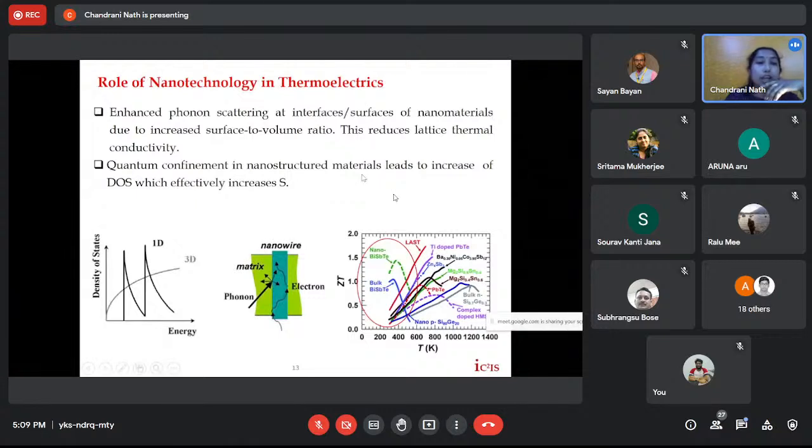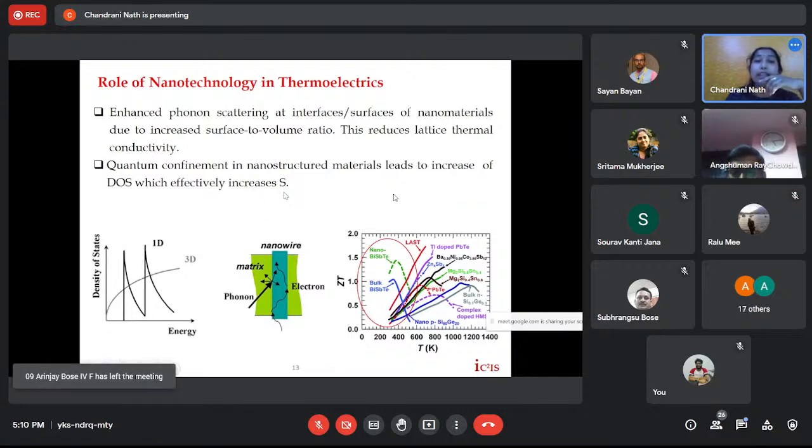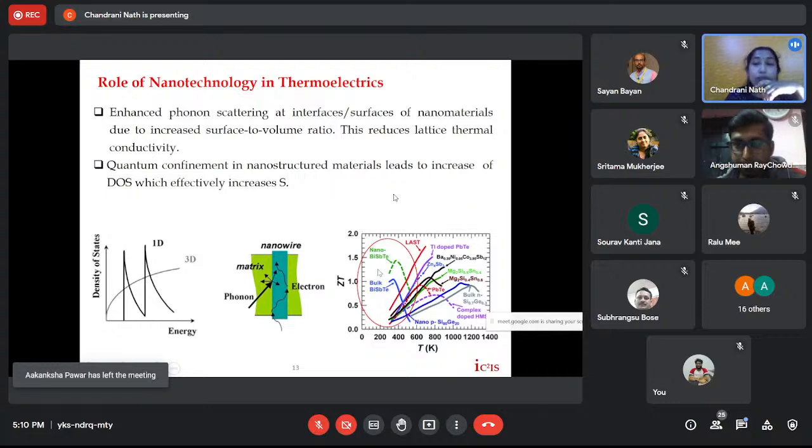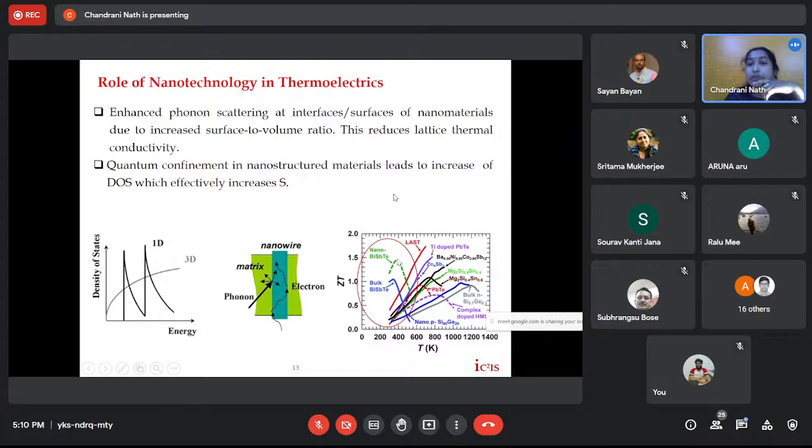On the other hand, as we go from 3D to 1D or 2D, below bulk to nano dimensions, it effectively changes the shape of the density of states, increasing the slope, which effectively increases the Seebeck coefficient. In this curve, we can see how nanostructuring has increased ZT considerably, from 1 to close to 1.4 for bismuth antimony telluride.